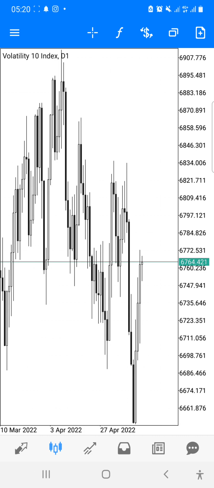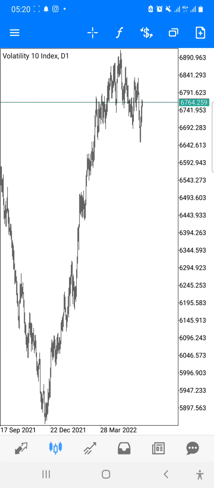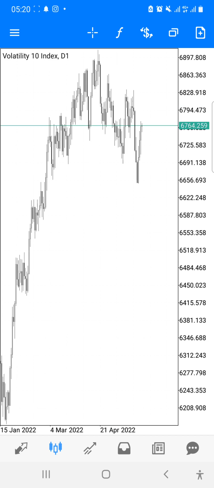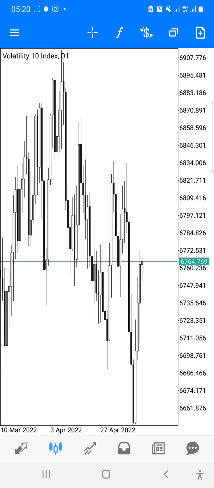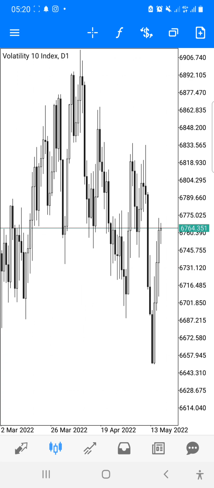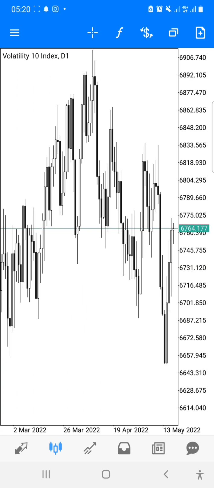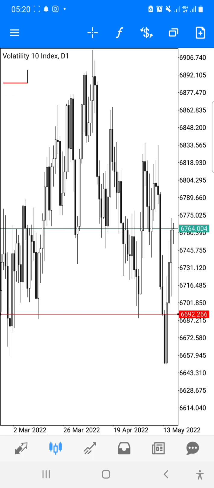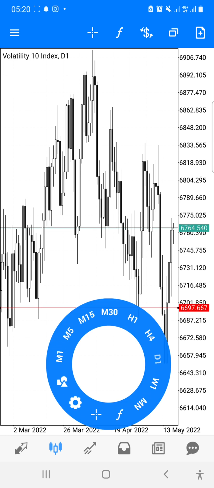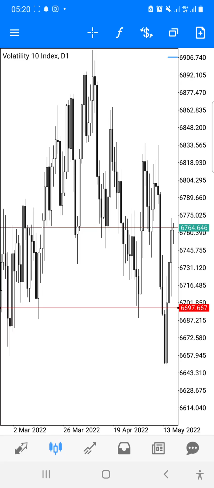Let's say this was a trade you placed. Let's say you use 50% of this void here, and your stop loss was just below this point here.